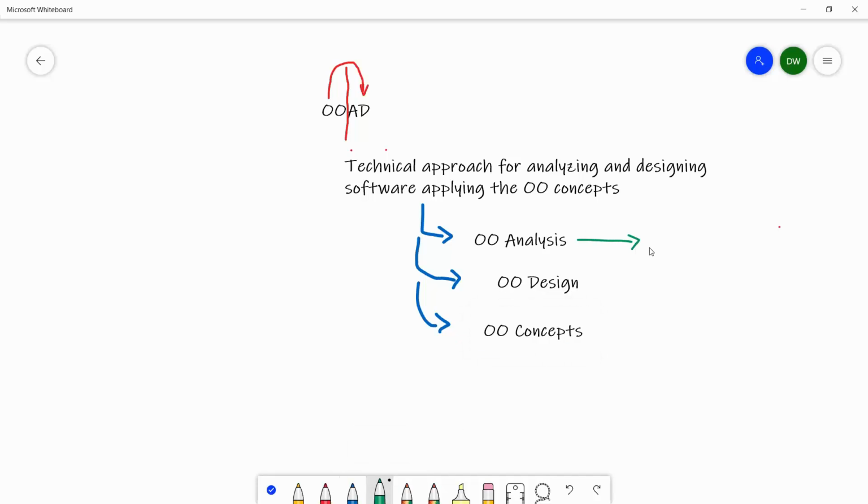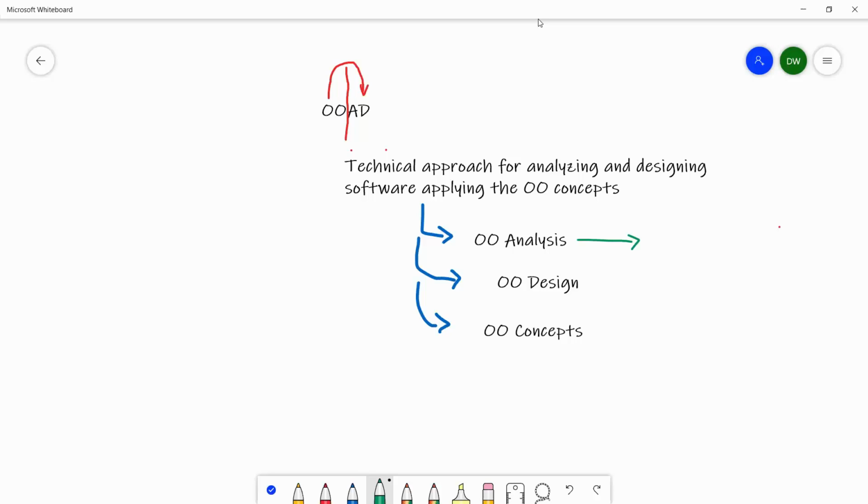In object-oriented analysis, this aims to model the functional requirements of the software. We know that when we follow the software development life cycle, the first stage we think of is the analysis phase, right?